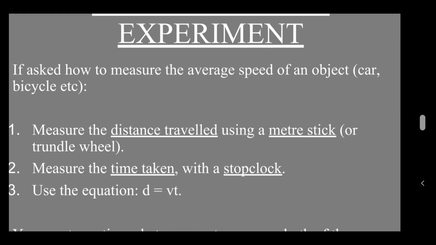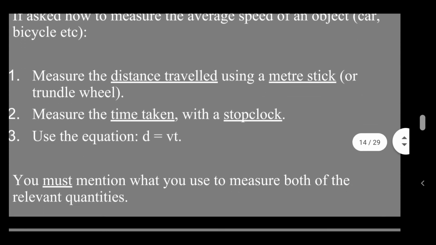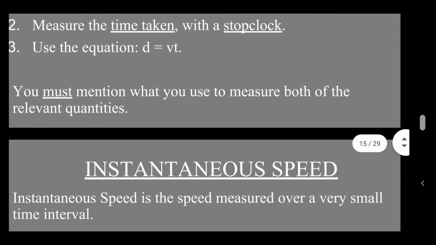You need to make sure you add in the measurement device that you're using, and then use the equation distance equals speed times time. So memorize those 3 points for me, please. That is so, so important. You must mention what you measure both of the relevant quantities with. You must mention the stop clock and the meter stick.